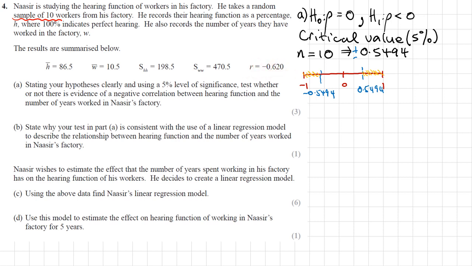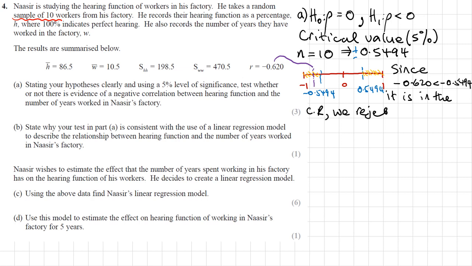So that's going to end up actually in the critical region, isn't it? Yeah, so that's going to be somewhere over here. So we can say that since negative 0.620 is less than negative 0.5494, it is in the critical region, so therefore we reject H0.